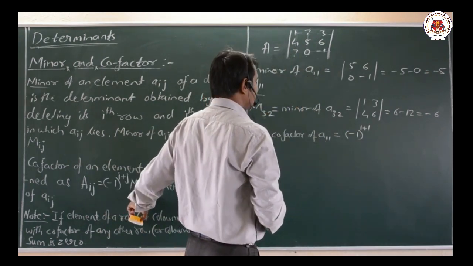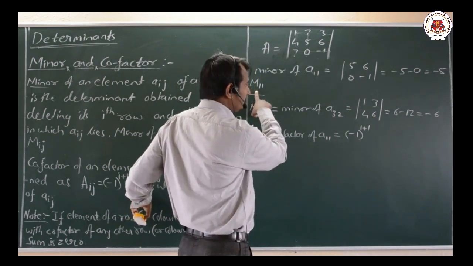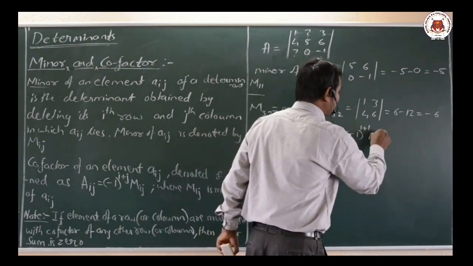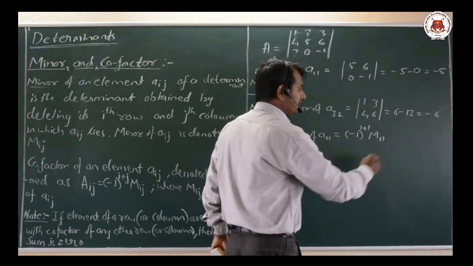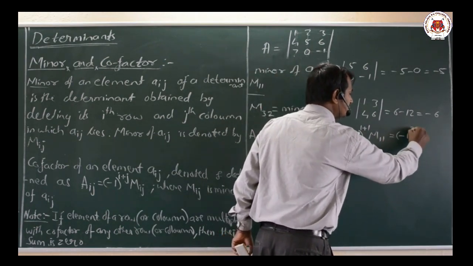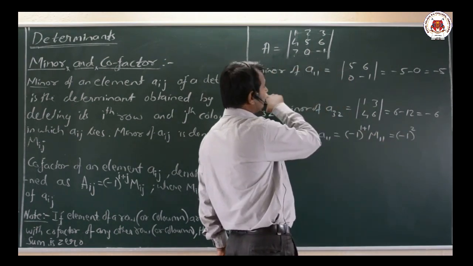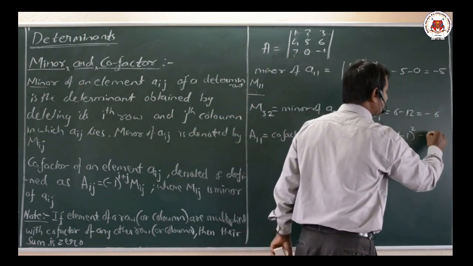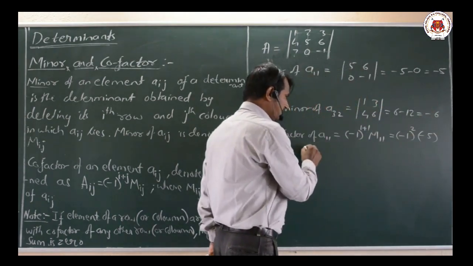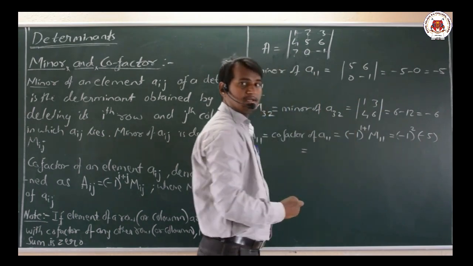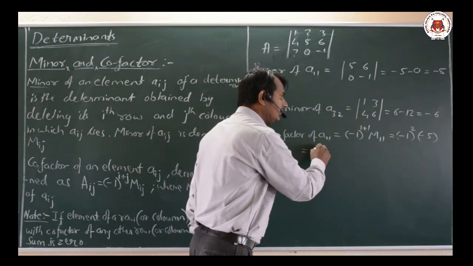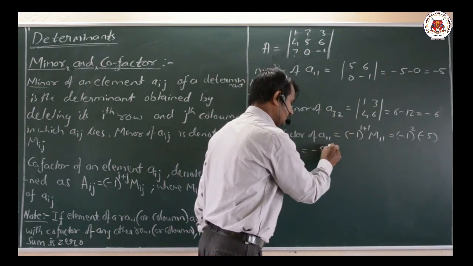That is minus 1 to the power of 2, into the minor of 1, which is minus 5. Minus 1 squared is positive, so we get minus 5.